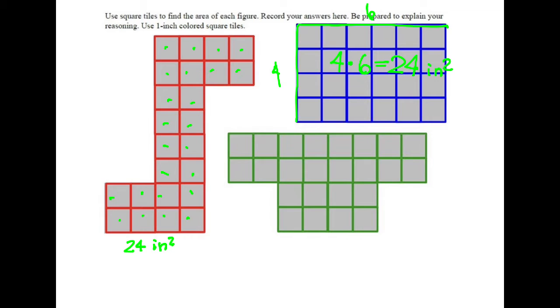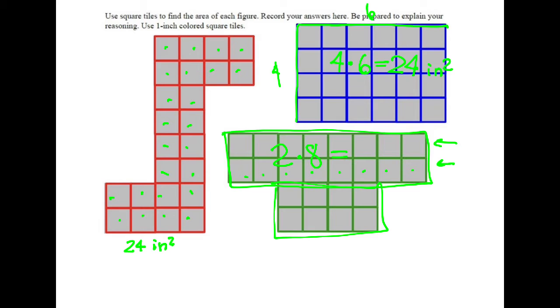Let's take a look at the last one here. Probably shouldn't have used green because now it's going to blend, but it's a different shade of green. We'll be good. I'm going to break this into 2 sections that I know. This top section has 2 rows, and each row has 1, 2, 3, 4, 5, 6, 7, 8.